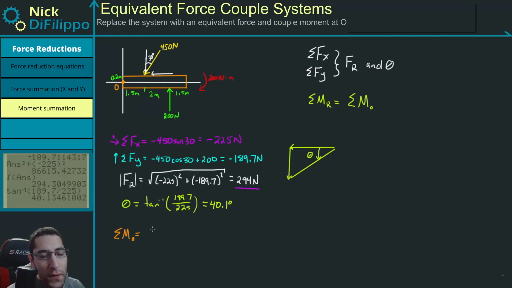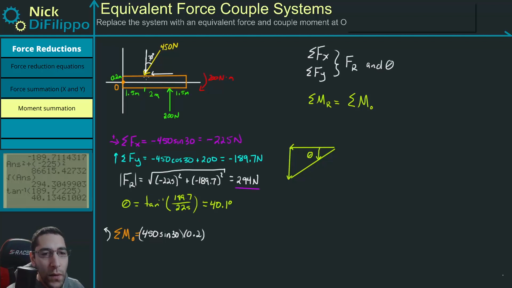So with this x component, it's going to go head first when we rotate it around. So if I rotate in this direction, it's going to go head first, and it's going to be 450 times the sine of 30. This is the magnitude of its force. It's what we have right here. So 450 times the sine of 30 times this distance right here, which is 0.2.